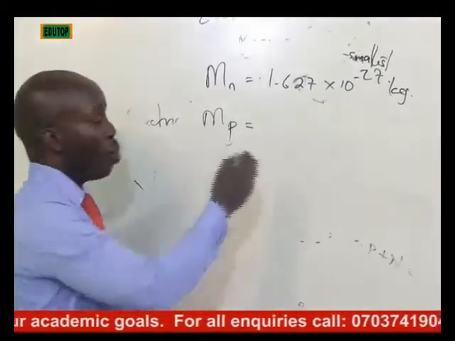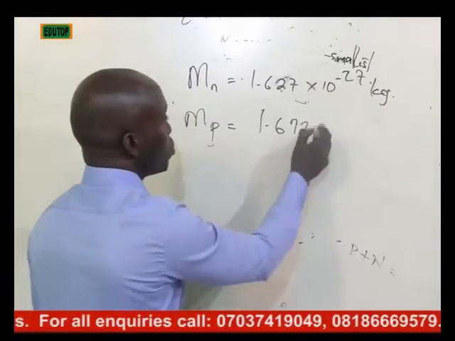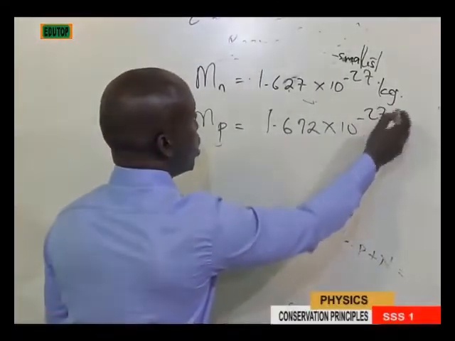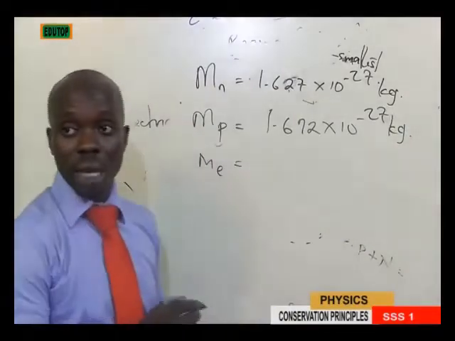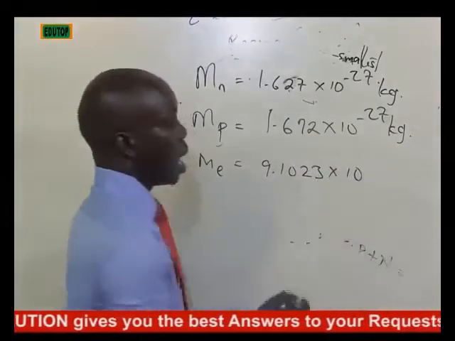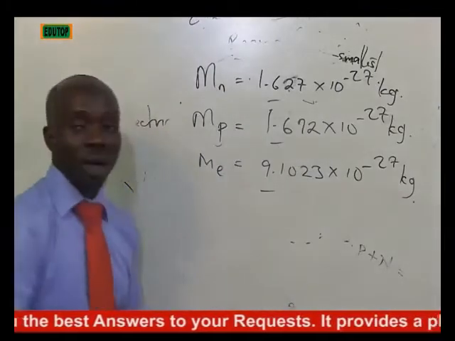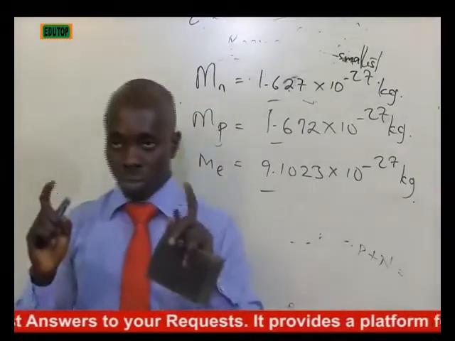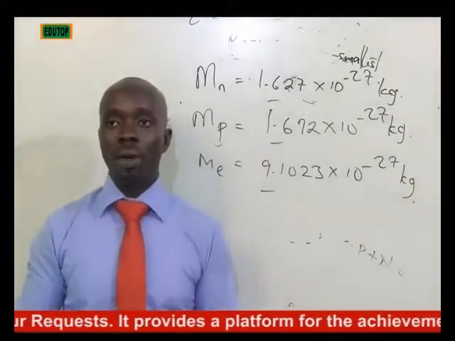Proton is given as 1.672 exponential minus 27 kg, while the mass of electron is given as 9.1023 exponential minus 27 kg. These are the respective masses of your neutron, proton, and electron.